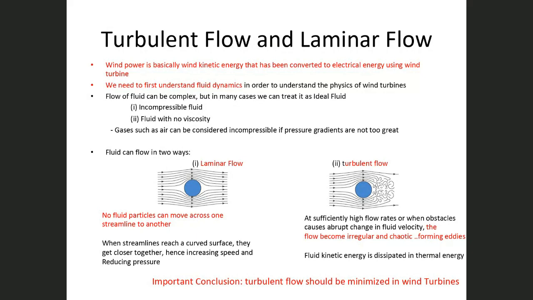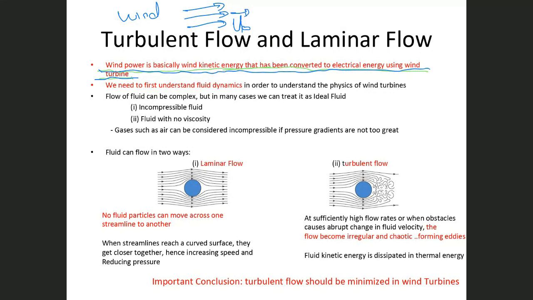Anyways, so what is wind power? As per the definition I've given here, wind power is nothing but the kinetic energy of wind that has been converted into electrical energy. Basically, if I have wind coming, it comes at a particular velocity u naught, which means it has kinetic energy K naught, and of course it will find my wind turbine here.